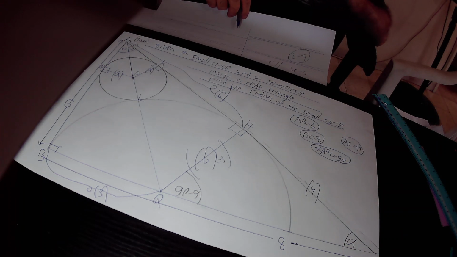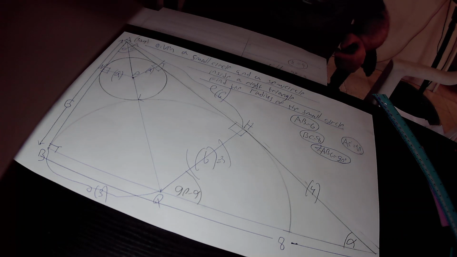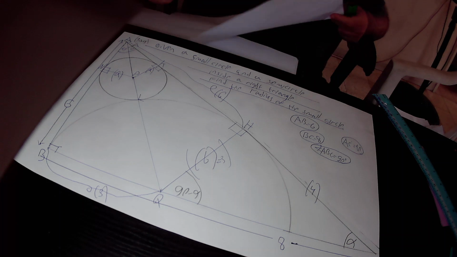Okay, but it is obvious that the angle bisector of this angle A passes also through point A. So write it down.